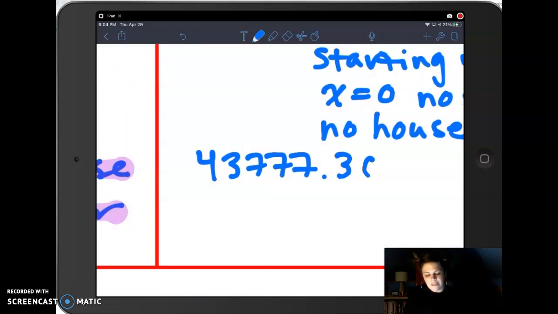Since the y unit is money, we're going to say 0.30, which is 30 cents. So basically what they're saying is that even if you have no house or no square feet in your house, it would still cost $43,777.30 just to buy the plot of land.